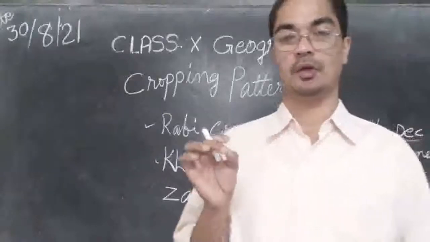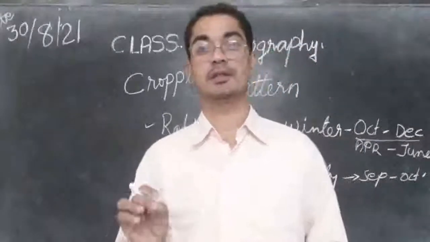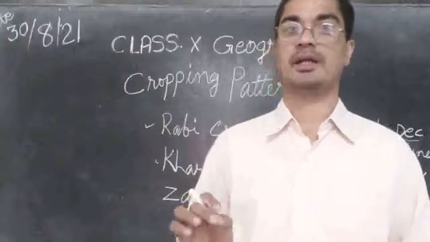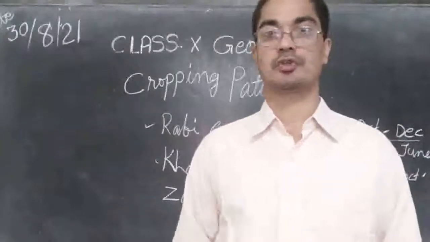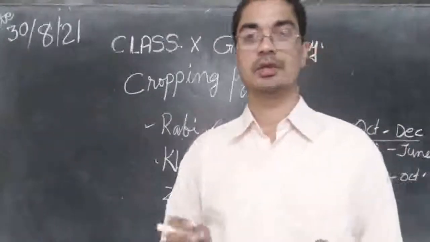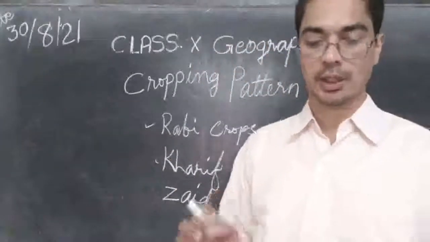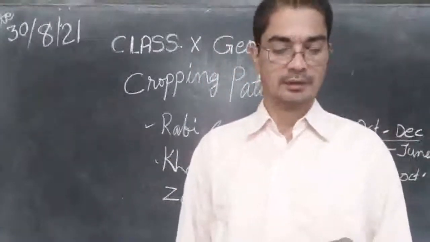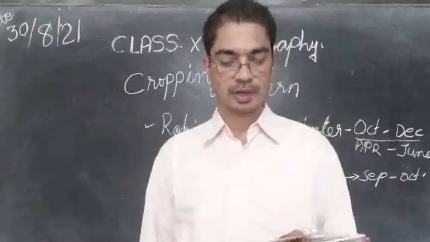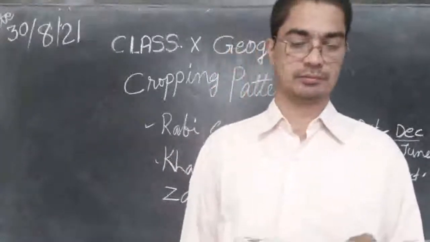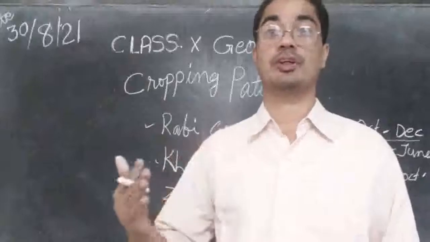Which are those states? Assam, West Bengal, Odisha. You can underline. Which are the states cultivating 3 crops of paddy in a year? Assam, West Bengal and Odisha. And these are Aus, Aman and Boro. So each crop has got different names.